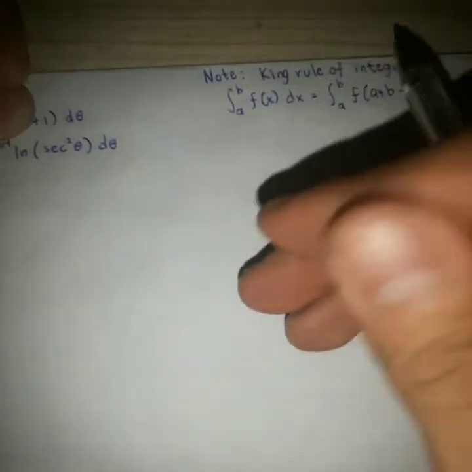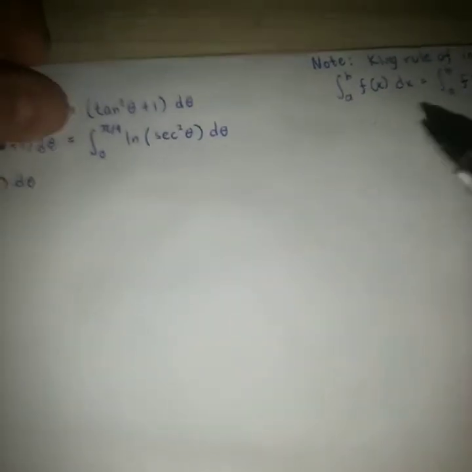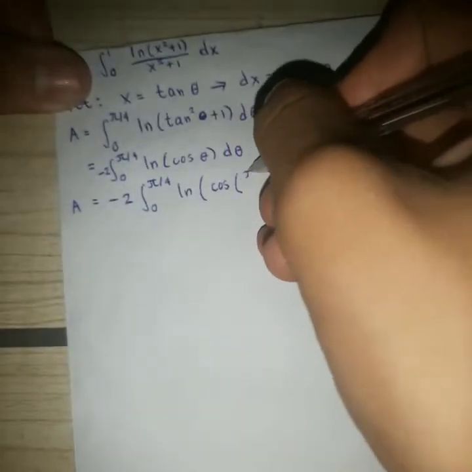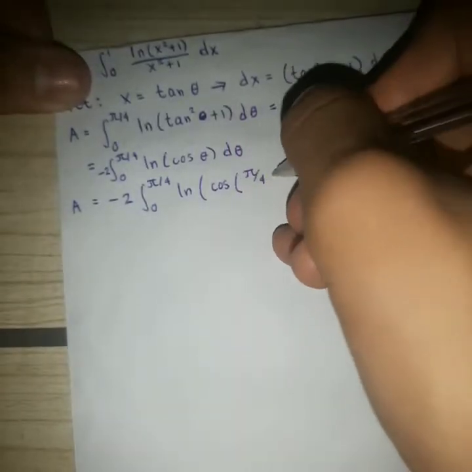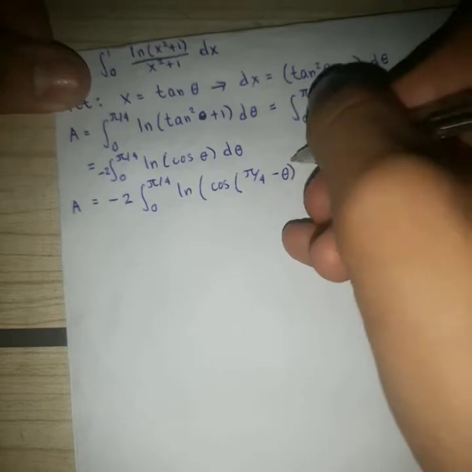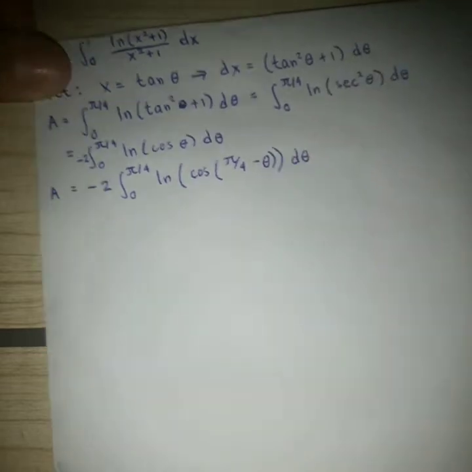So this is the king rule of integration. By using this formula, our A is now equal to negative 2 times the integral from 0 to pi over 4 of ln cosine of (pi over 4 minus theta) d theta.